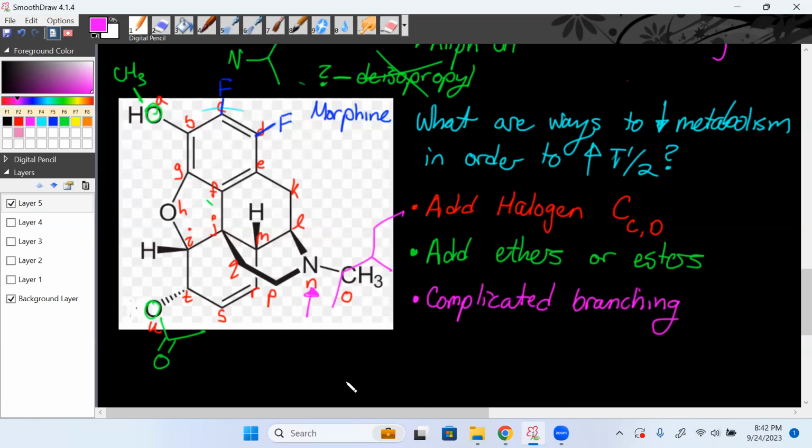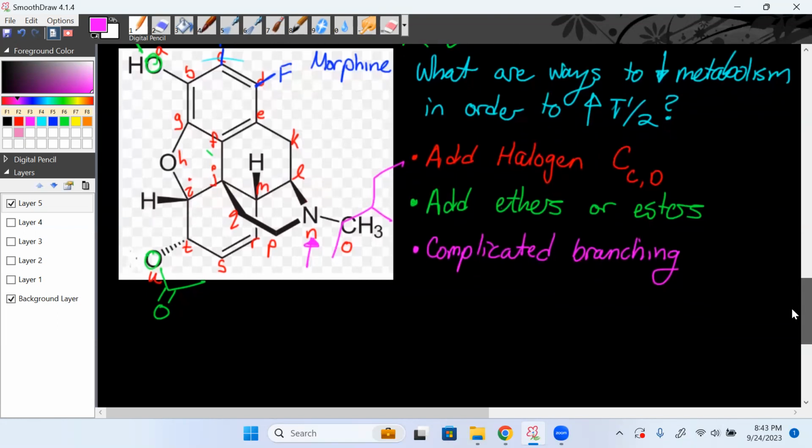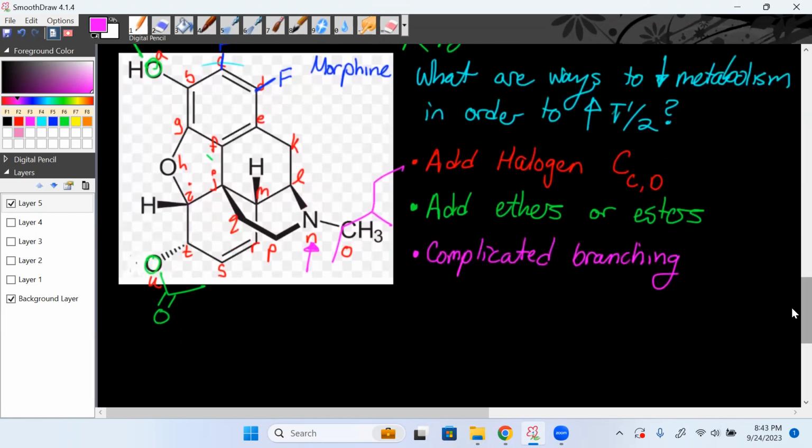Yes, so this is a really good question. Esters improve the lipophilicity of a drug. But because it is technically a metabolic step, even though ester hydrolysis is very, very fast, it would still be something that the body would need to take care of in order to interact with that oxygen.